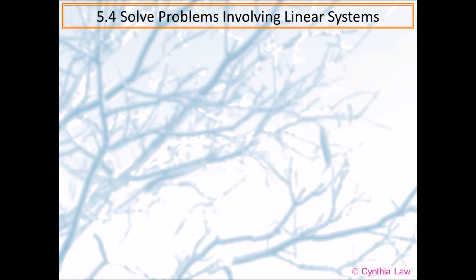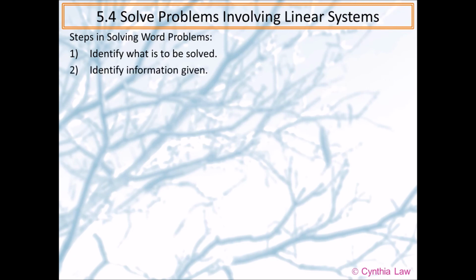Before we actually look at the examples, let's review the steps involved in solving word problems. Number one is identify what is to be solved. So we need to understand the question so that we're not answering things that are totally unrelated. Number two, we identify information given to us.